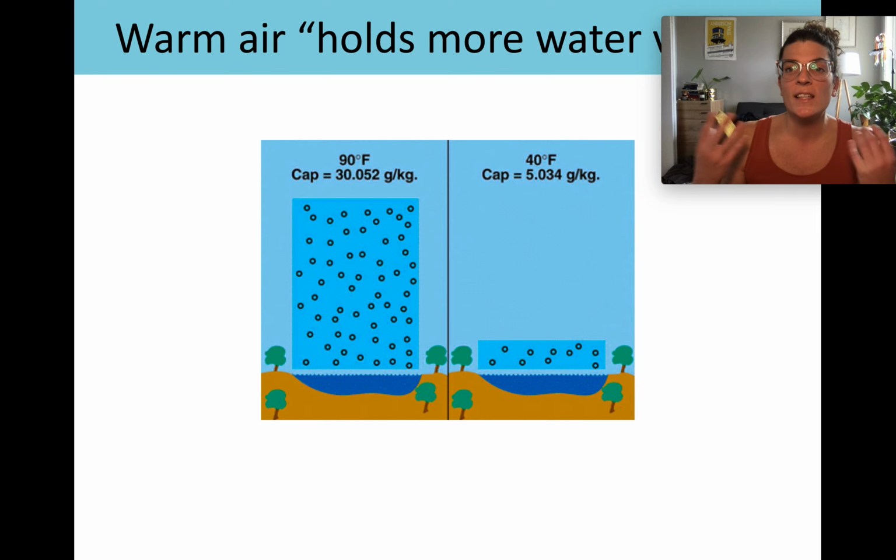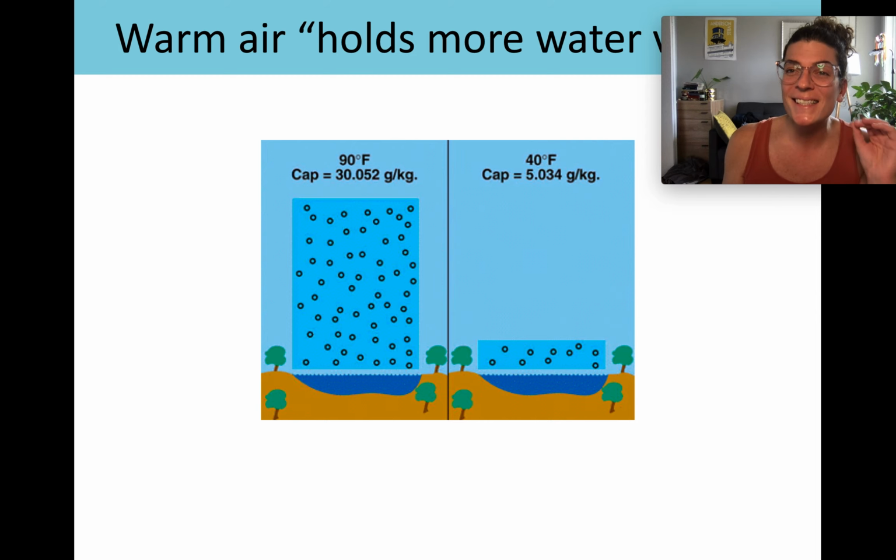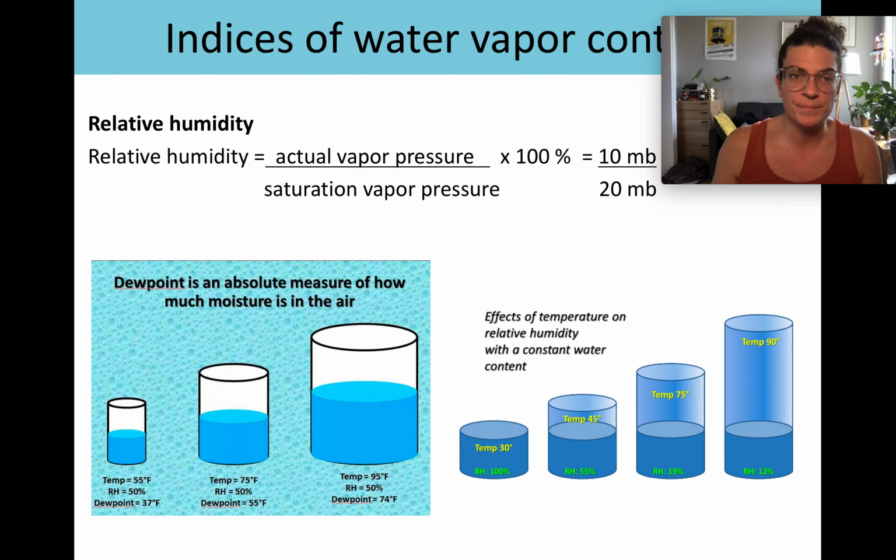So assuming these are both 1 kilogram parcels of air, nothing else is different between them except for their temperature, the 90 degrees parcel of air will be able to hold 6 times more water vapor than the 40 degrees parcel of air at maximum. That doesn't mean that the 90 degree parcel of air always has that much water vapor. It just means that it can hold that much water vapor.